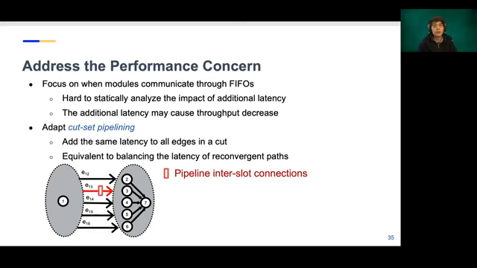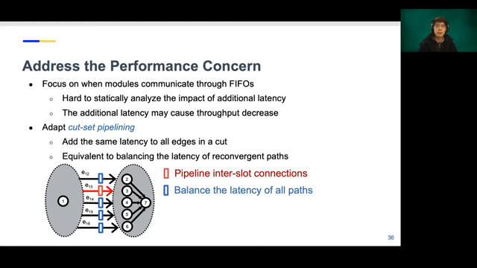To address this issue, we propose to take a conservative approach by adapting cut-set pipelining. Whenever we want to add additional latency to one edge, we look for a set of edges of the same direction that could split the graph. And then we balance the latency of all the edges.